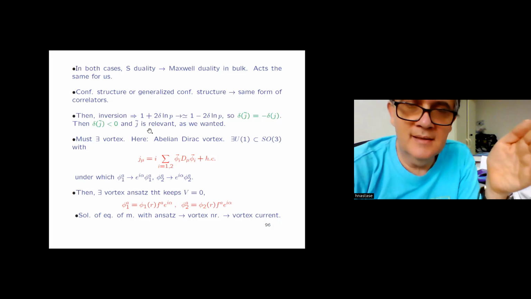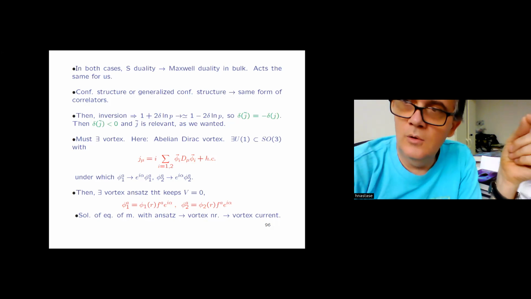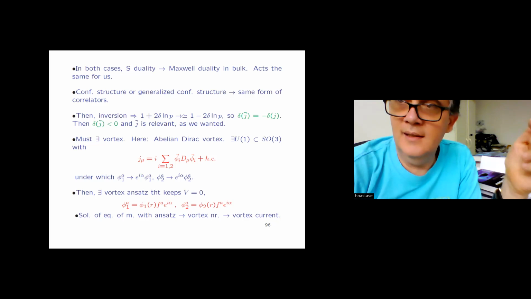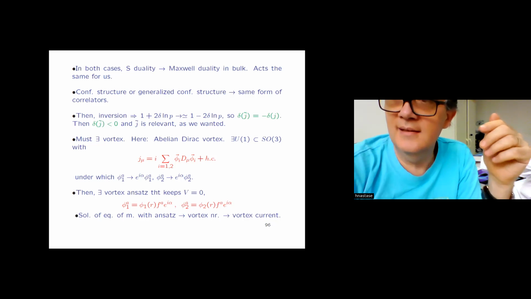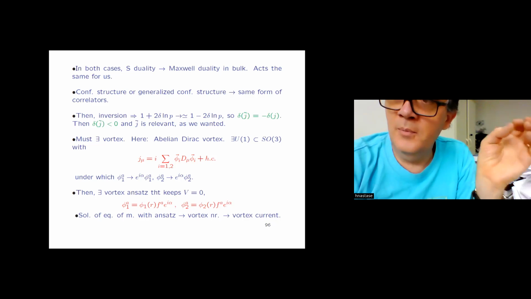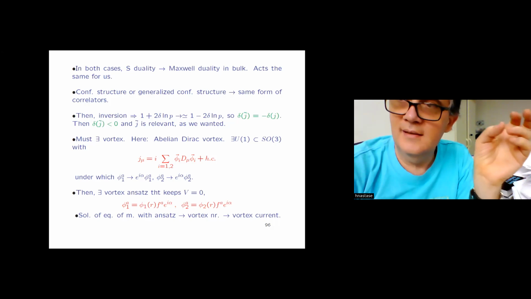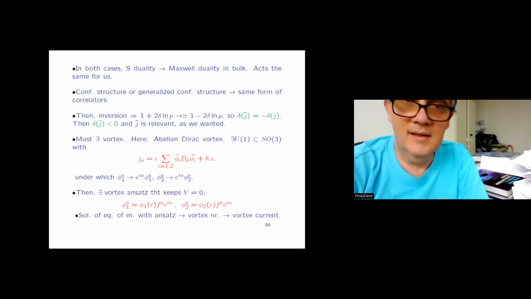Relevant means that it grows from UV to IR. So along the inverse RG flow from IR to UV, it decreases. Therefore, the monopole perturbations decrease in this cosmological time as we wanted.